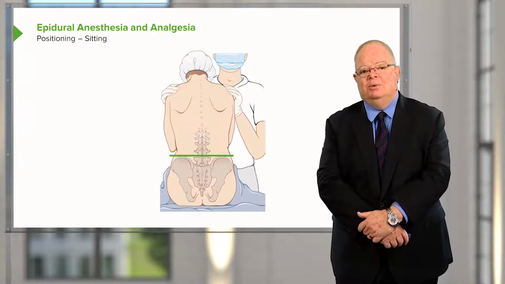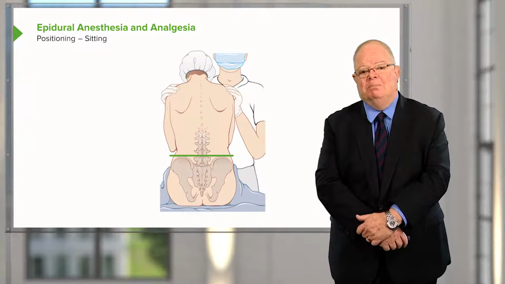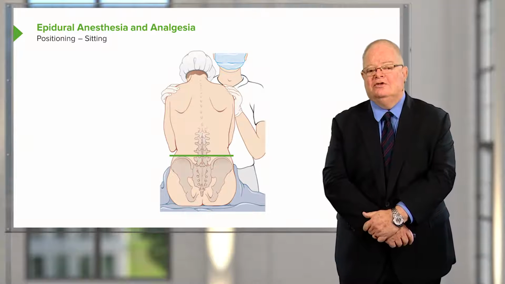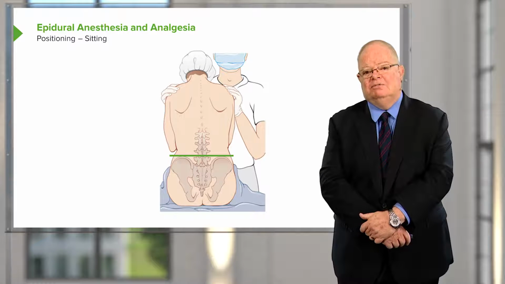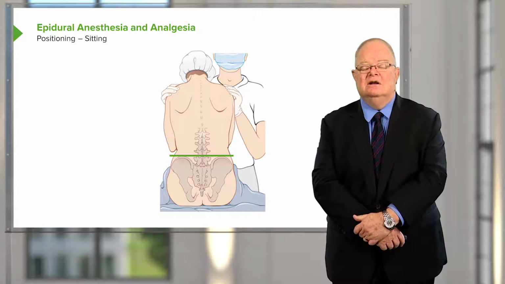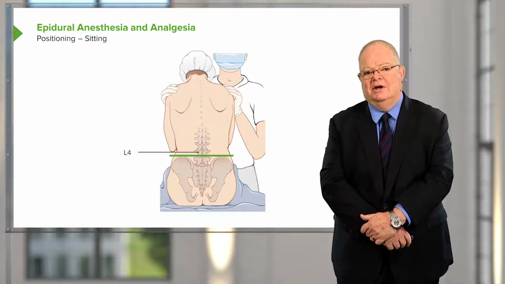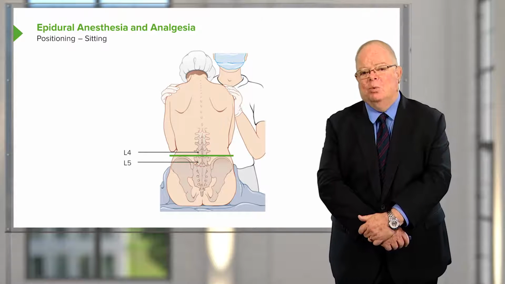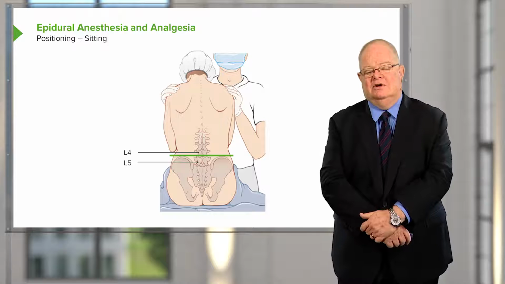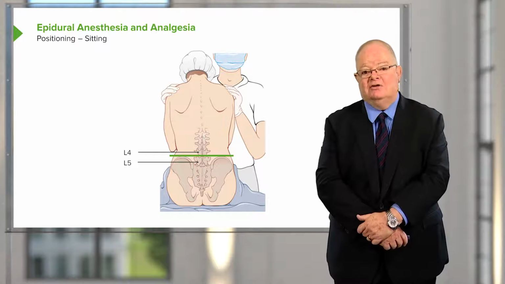We draw a line between the superior spines of the pelvis, and in theory that line goes through the dorsal spinous process of the lumbar 4 vertebra. In fact, recent studies have shown that it varies anywhere up to 1 to 2 vertebrae from that position, but we usually still do this technique just to get a sense of where we're going and to feel the landmarks in the back.